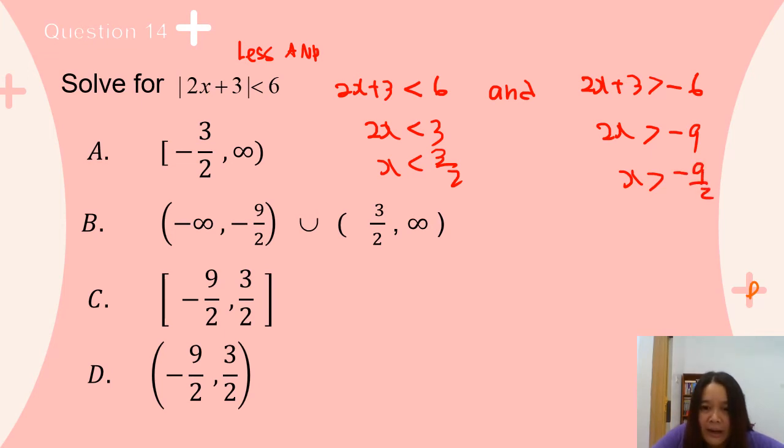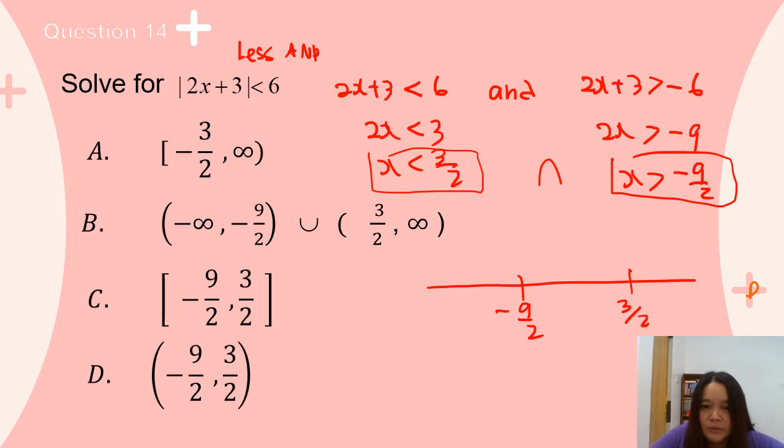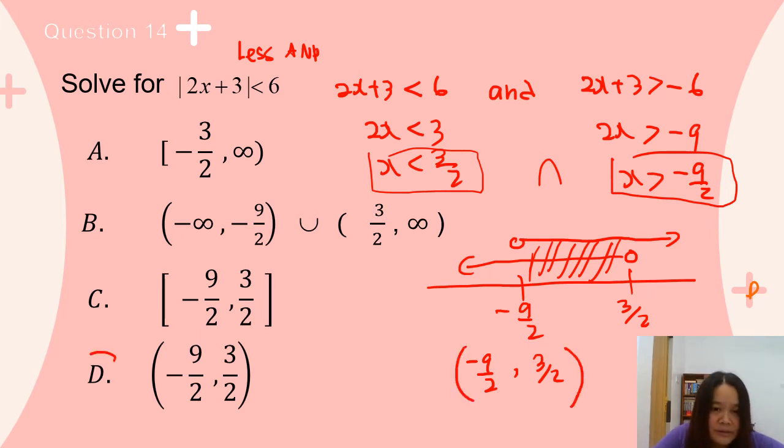And you have to end up with the answer in the case of intersection. So you come up with your number line here. Minus 9 over 2, 3 over 2. So this is the less than, and this one will be greater than. Since this is the intersection, we find the region of intersection. So we have negative 9 over 2, 3 over 2. So these are empty circles. So the suggested answer is D.